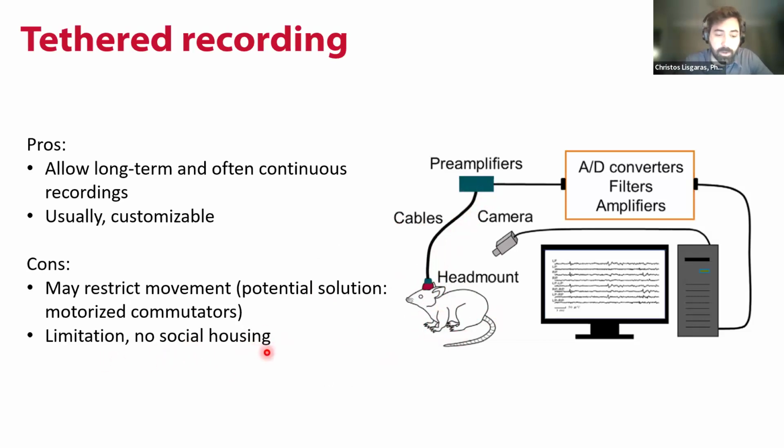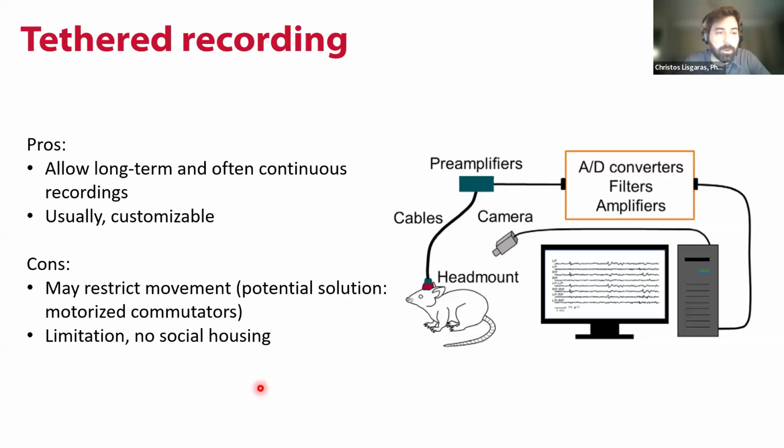So there is a limitation of non-social housing. And that is important because in animal models of epilepsy, people have reported that if animals are being housed alone, they may have increased seizure burden just because they are isolated. So this is something to consider when you are planning your experiments.